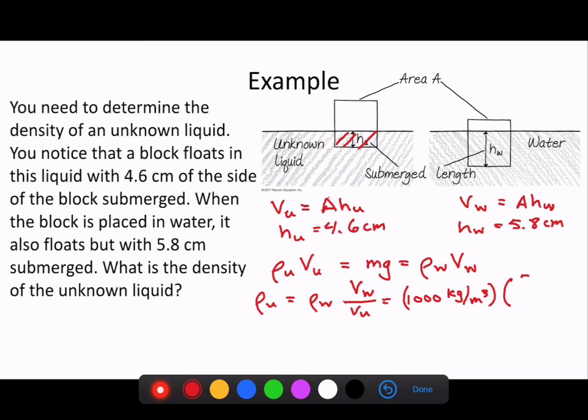I'll see that the area cancels. And I can find that the density of our unknown liquid is equal to 1,260 kilograms per meter cubed. So if we go back to our table and we take a look at what this value is, it's closest to glycerin. So that's most likely what this particular unknown liquid happens to be.